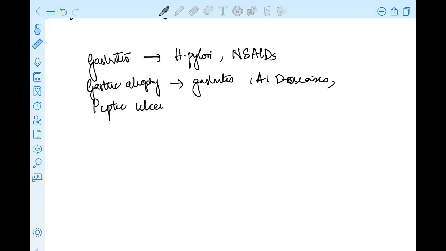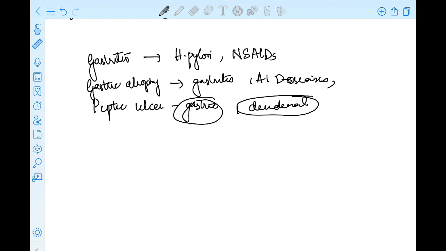Peptic ulcer is the erosion of the stomach or the duodenal wall. Okay, so we can call it gastric ulcer as well as duodenal ulcer. If it is occurring in the stomach, it is known as gastric ulcer. If it is occurring on the duodenal wall, it is known as duodenal ulcer.